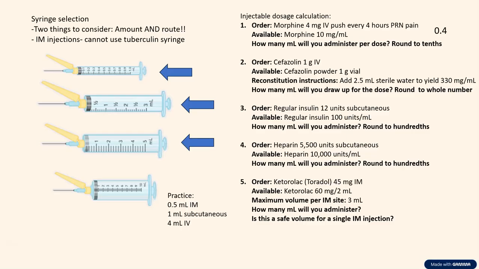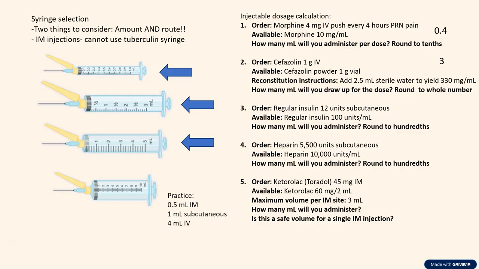And remember, those are magic words for reconstitution: either the words to yield, or the words final concentration of, or the words each milliliter contains X milligrams after reconstitution. So with that knowledge, how many milliliters would you round up for the full dose? Round to a whole number. The correct answer is I would draw up 3 milliliters to get that dose.